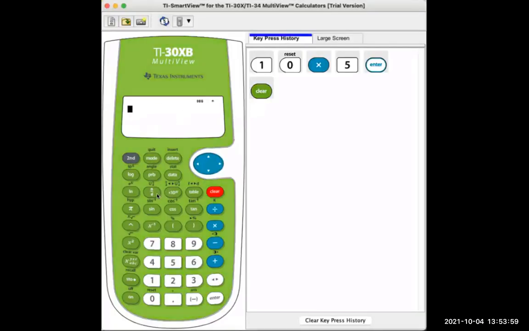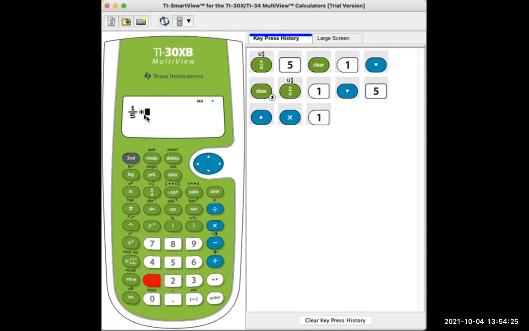So we had 1/5. I'm just going to clear the key history here. You press SHIFT, then you press 1, so you get a fraction, number at the top, number at the bottom. 1, 5.